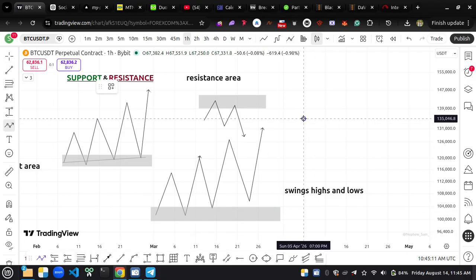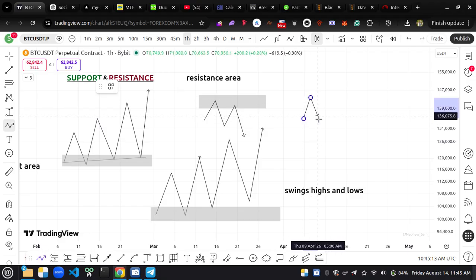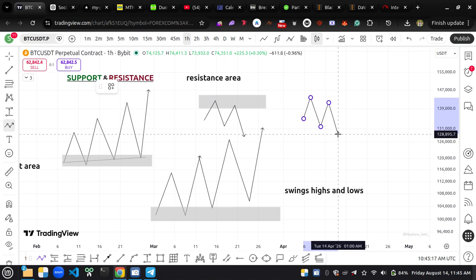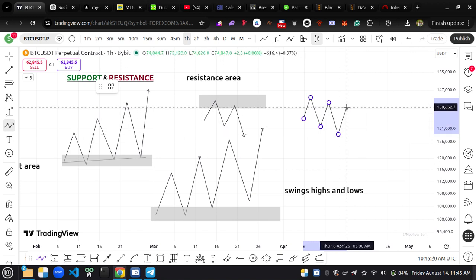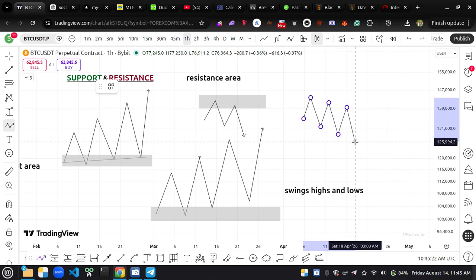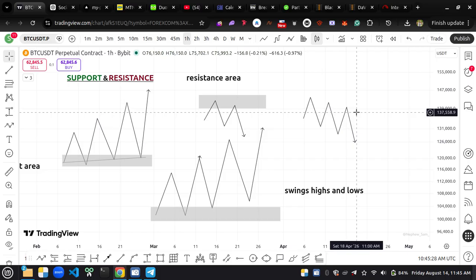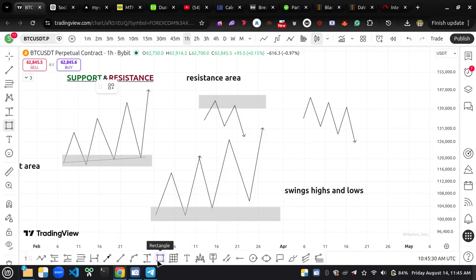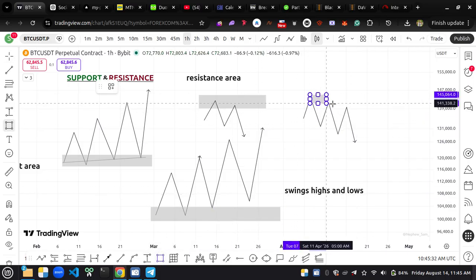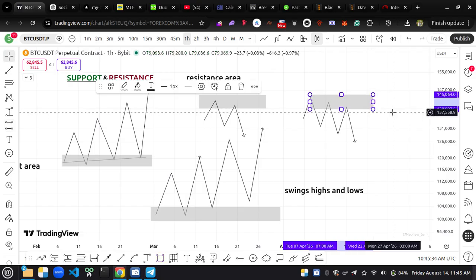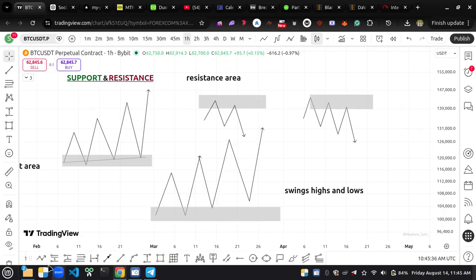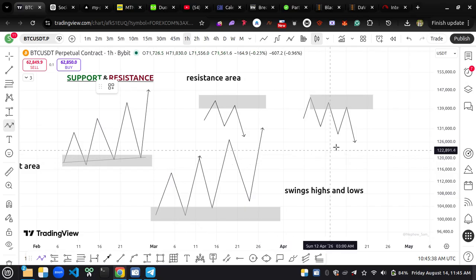So on the resistance area, you're looking for your swing high, your swing low, or your high or your low, then another high and another low to form another swing, another high and another low. So you're seeing strong rejections from that particular area, and it tells you that market is most likely on the fourth time going to come to this area and give you a sell opportunity.